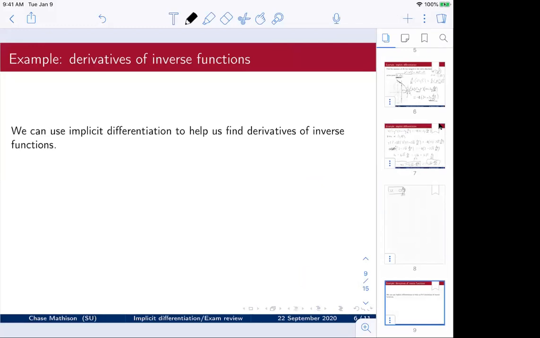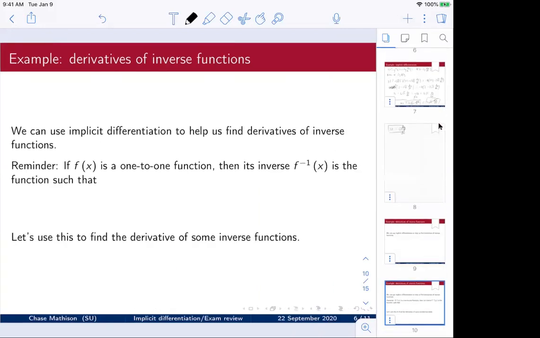Okay. So a reminder, if f(x) is a one-to-one function, then its inverse, which we write f inverse of x, this is how we write the inverse function, is the function such that f of f inverse of x is equal to f inverse of f of x.